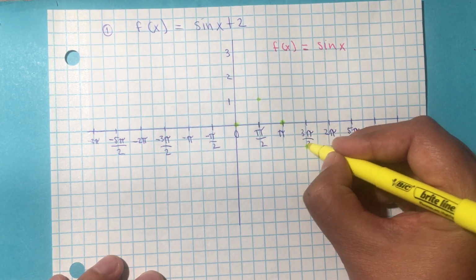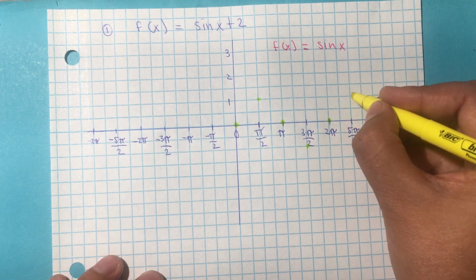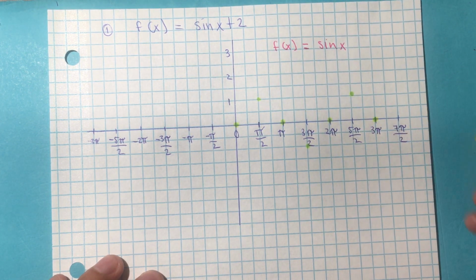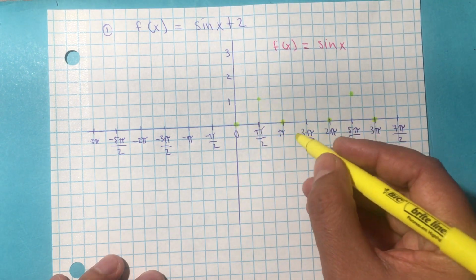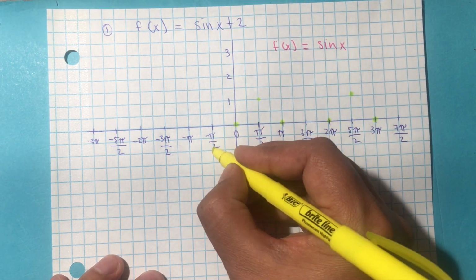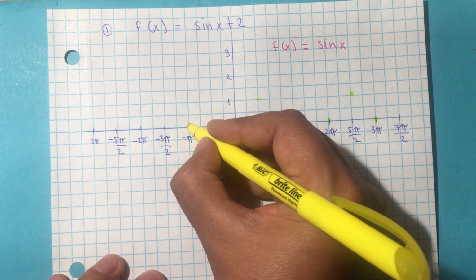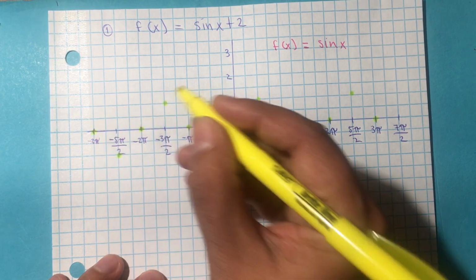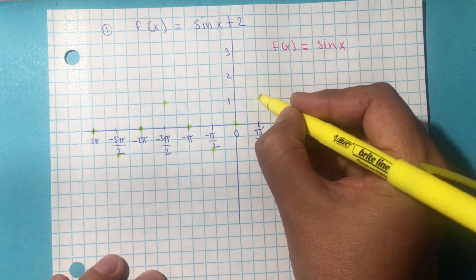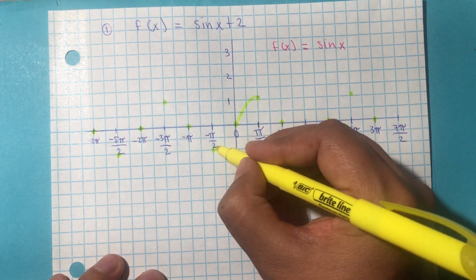For the next one, negative 1, 0. Positive 1, 0. And on the other direction, you continue that pattern. So it's now negative 1, 0. Positive 1, 0. Negative 1, 0. Those dots help me because I can make mistakes if I don't guide myself by points.